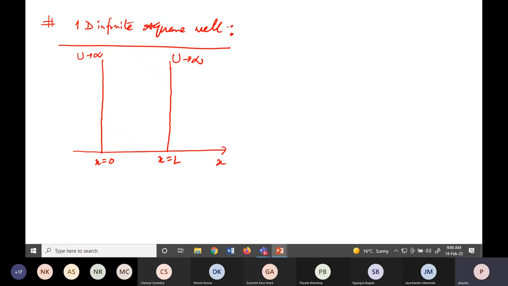In other words, for the particle which is inside somewhere here, these two parts are classically forbidden.